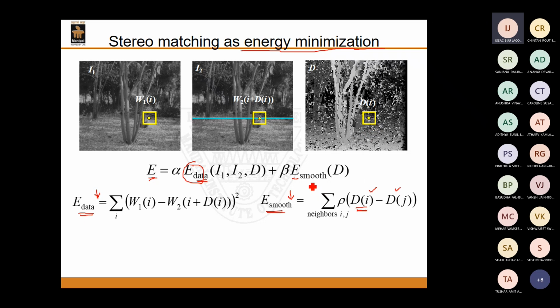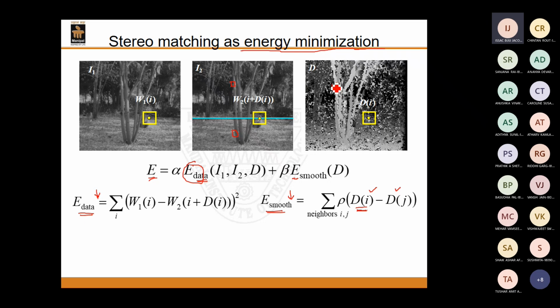But although we are putting the smoothness constraint here, there are some places where it is not applicable. For example, if you have edge points where you have a particular object and a particular background, then there is a sudden change in the corresponding pixel values in the disparity map.